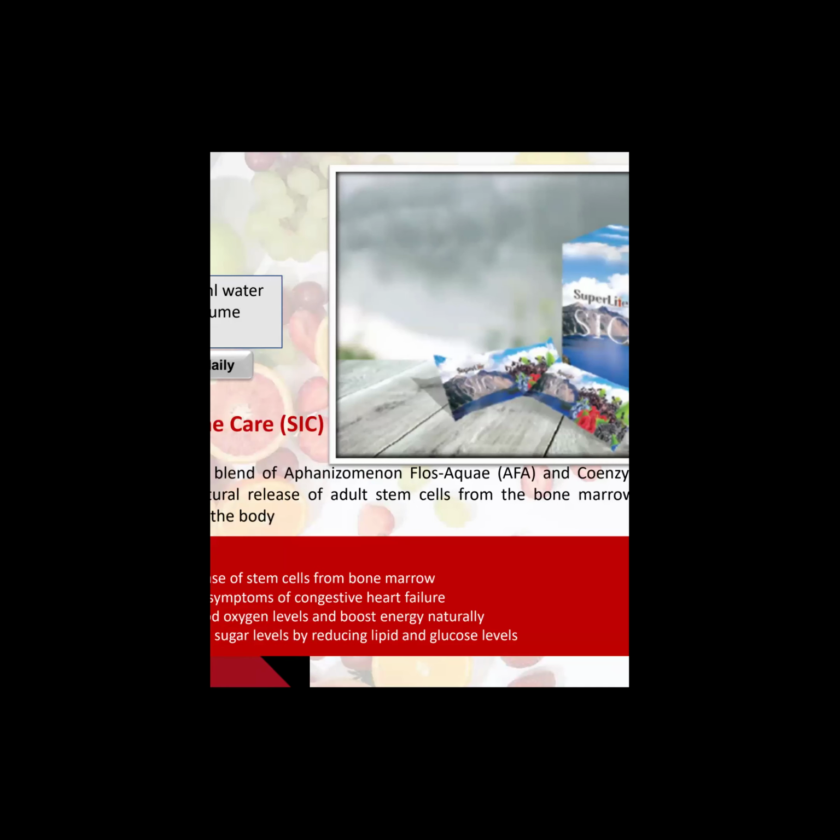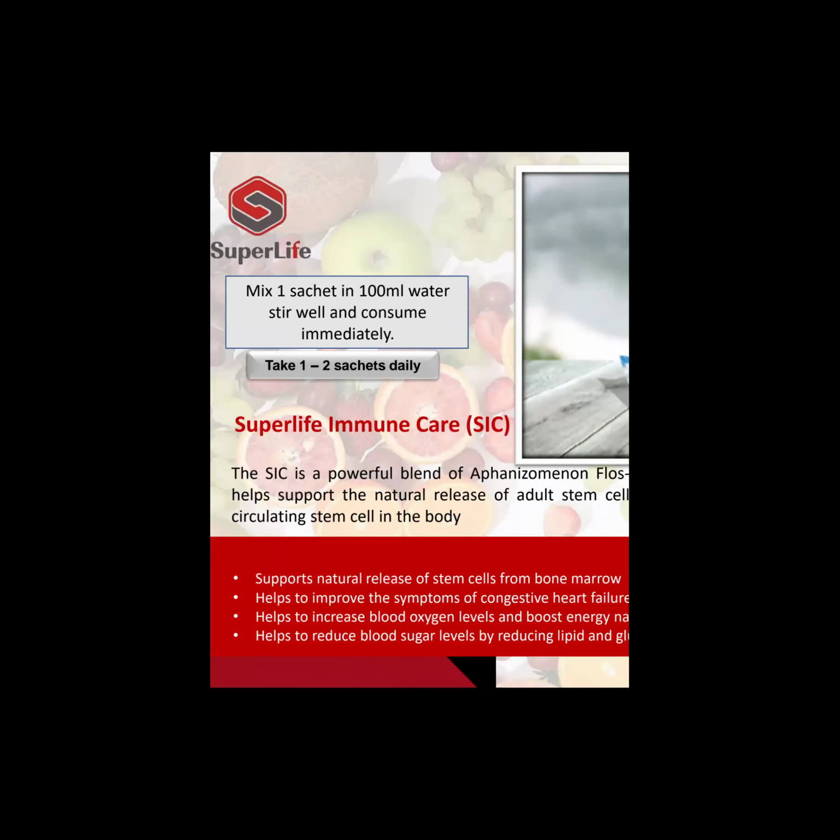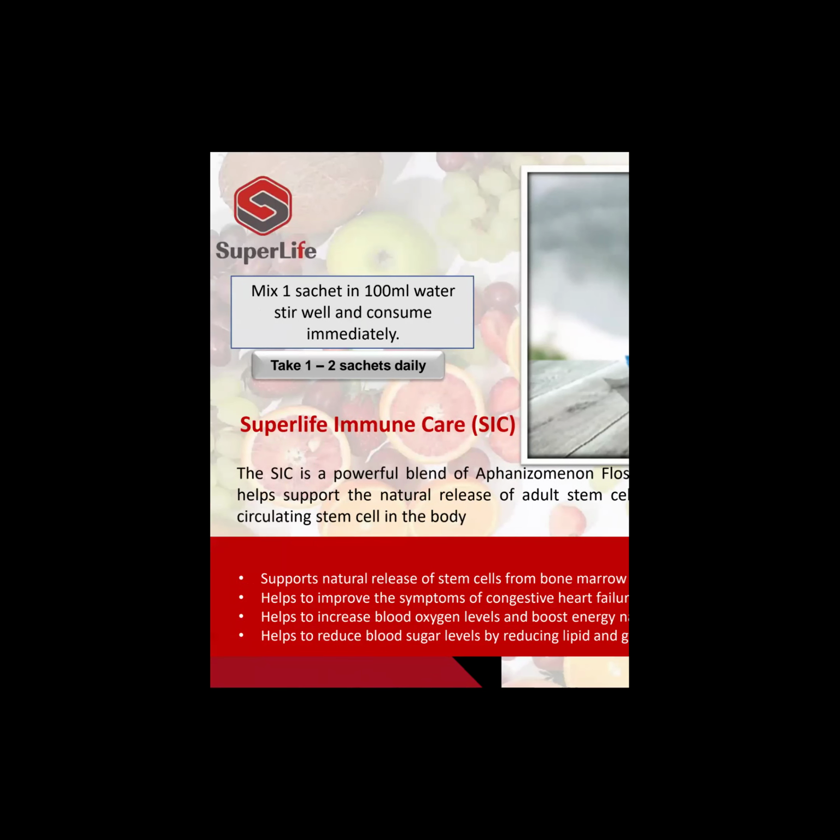This is SIC, a combination of different kinds of powerful ingredients. Look at it, it supports natural release of stem cells from the bone marrow. That's what we are saying, because every morning stem cells leave the bone marrow to other parts as circulating stem cells. This product has the ability to support the release from the bone marrow, and when this happens, every challenge in the body can be truly treated or restored back to normalcy.